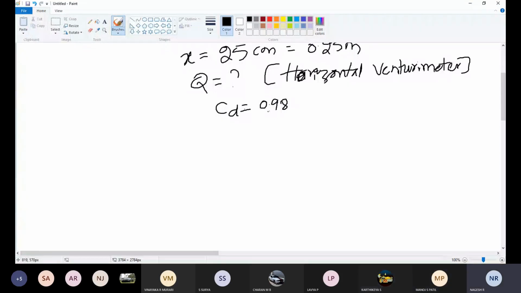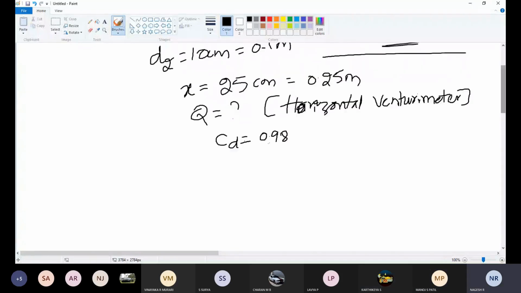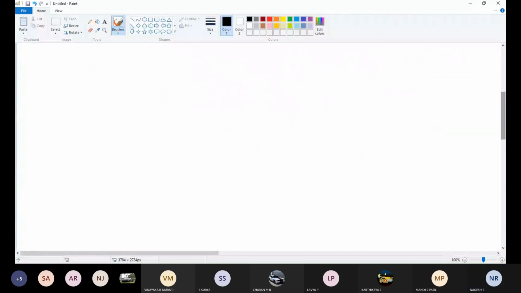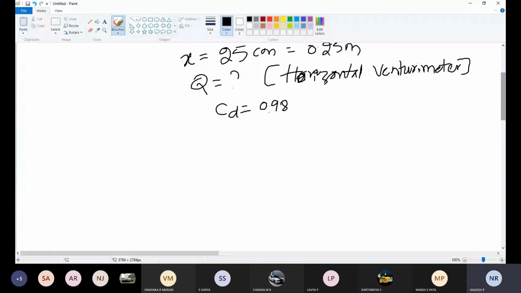Okay. So now, which is the heavier liquid, mercury or oil? Mercury is the heavier liquid because specific gravity of mercury is 13.6 and specific gravity of oil is 0.8, right?